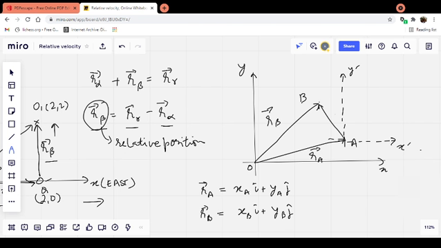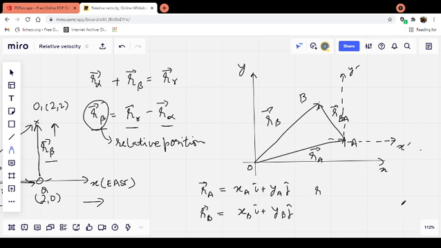So our vector which is from A to B, what would be the vector value of this in between vector? So this vector, let us name this vector as RBA.